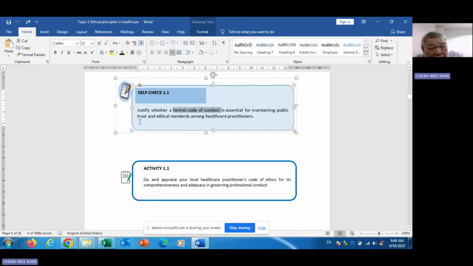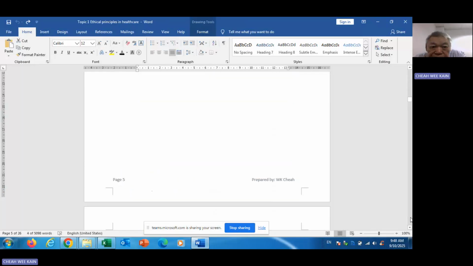A code of conduct is something like a code of ethics, nearly the same. Sometimes the words are used interchangeably. Okay, so you may have a code of ethics or code of conduct listing down what they can do or what they shouldn't do, okay, and do the healthcare people follow it. So justify it. Whether is this needed?